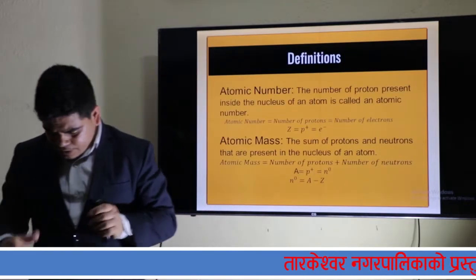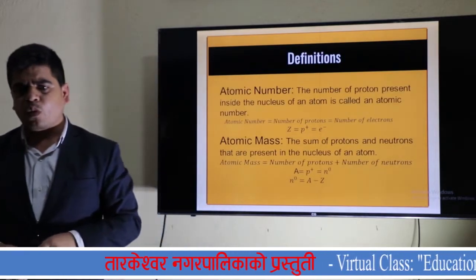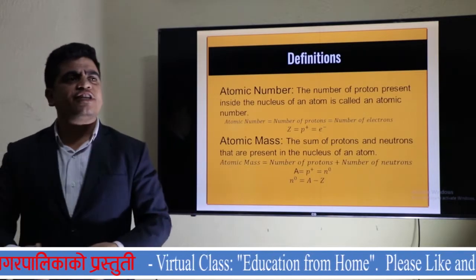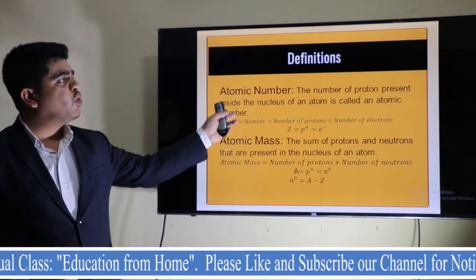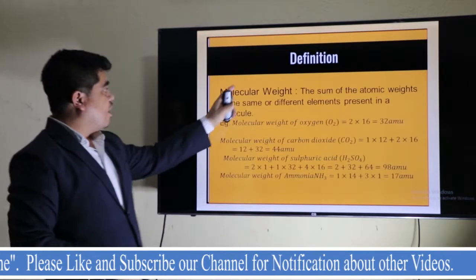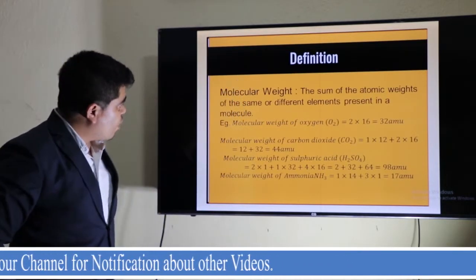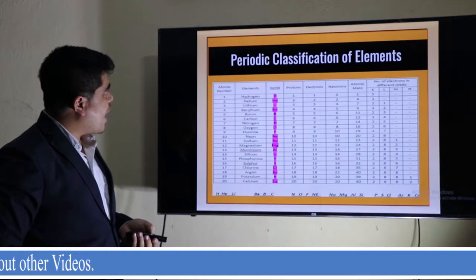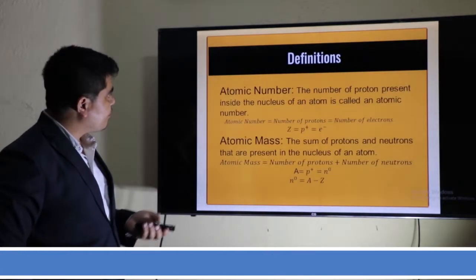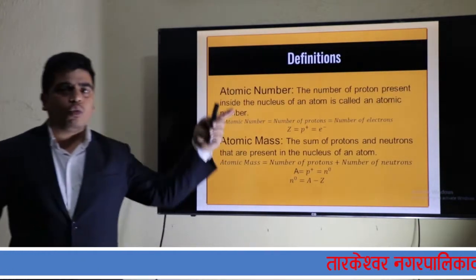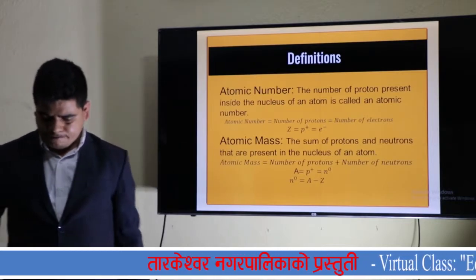In the periodic table, while we study the classification of elements, we must know the basic definitions. We have to know about the molecular weight, the atomic number, and the atomic mass.